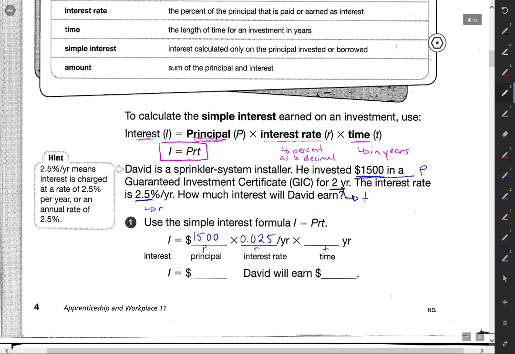And then we're going to times it by the amount of years. So it says 2 years, so we're going to times it by 2. So in your calculator, you're going to do 1,500 times 0.025 times 2. And you should get $75. So David will earn $75 in interest over those 2 years.